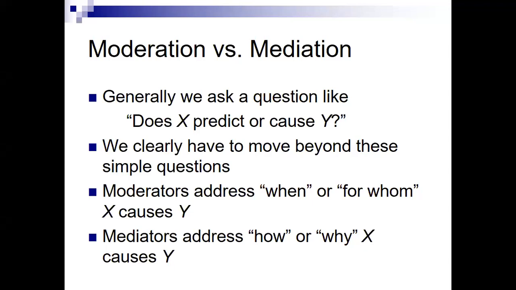With moderators, we address the question when or for whom X causes Y. But with mediators, which is our topic today, we address questions of how or why X causes Y. So your hypothesis and your theorization in this process will have to address how and why, between the relationship between two variables, an independent and a dependent variable.